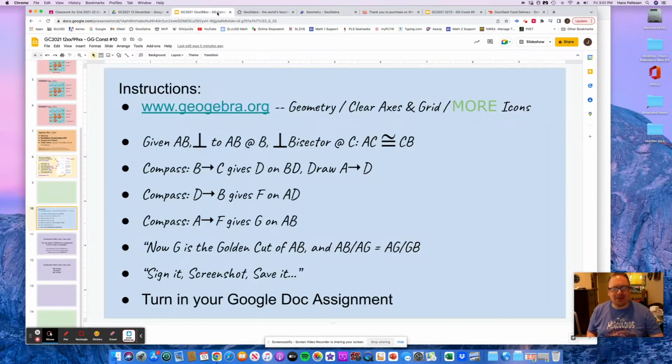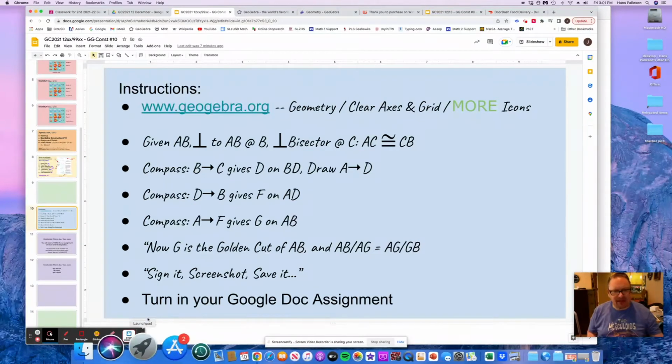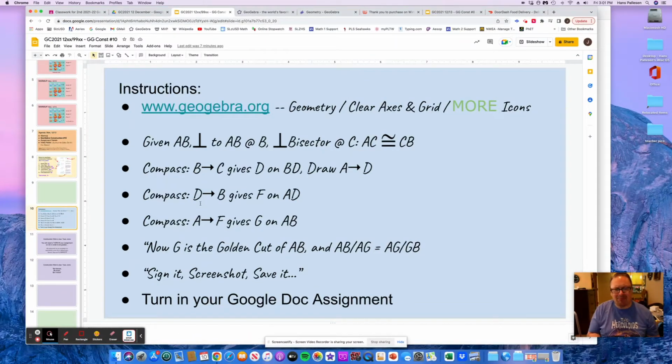Now the next step here says put the compass on D, measure to B, and then that intersection on AD, that point is F. So let's look at that.